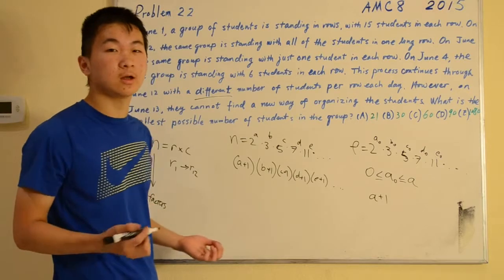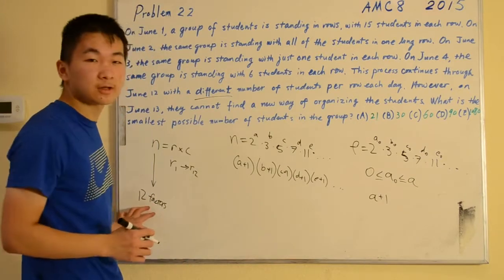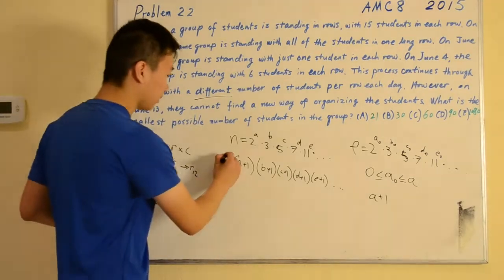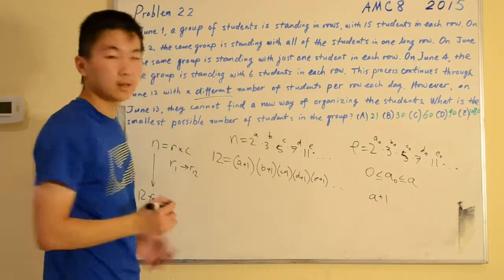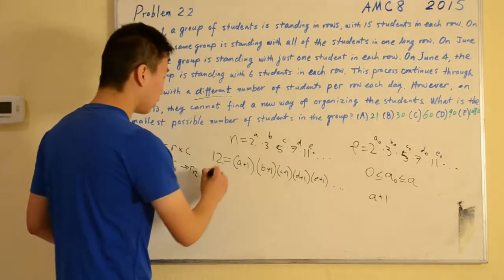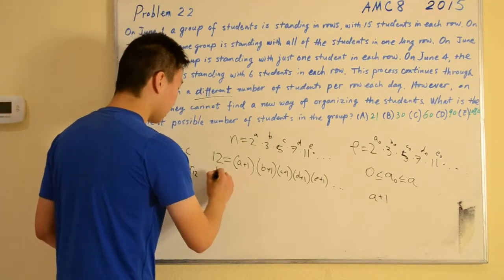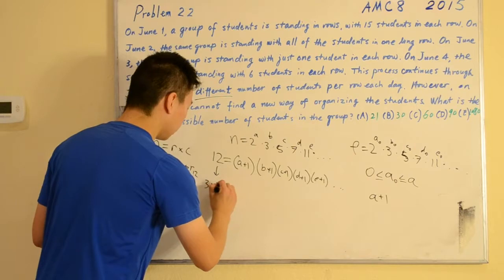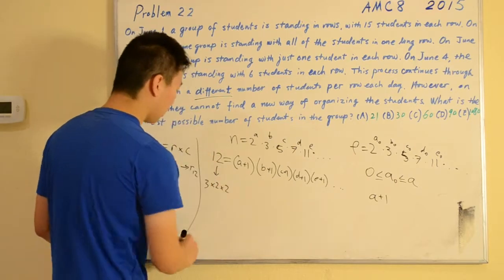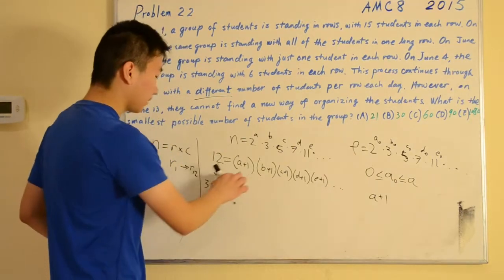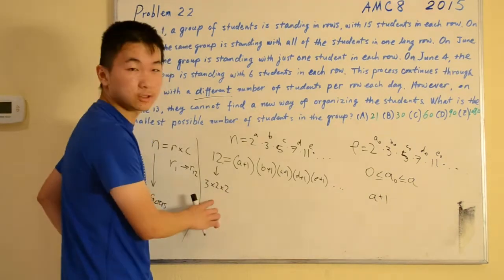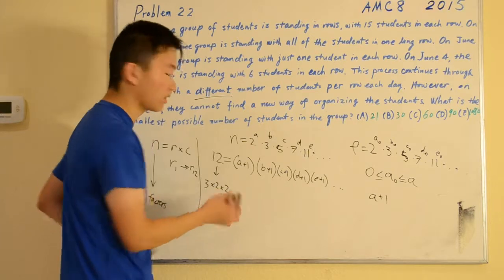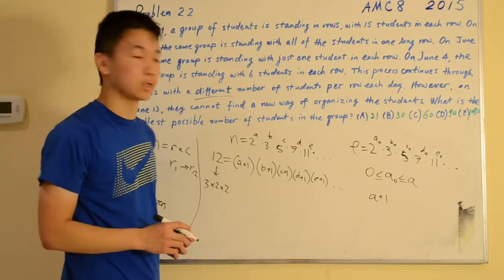So we already know that the number of factors that n has is 12, so this product should equal 12. Let's factorize 12. So 12 can be written as 3 times 2 times 2. So one of these terms must be the 3, one of these terms must be the 2, another one must be another 2, and the rest are all 1s.